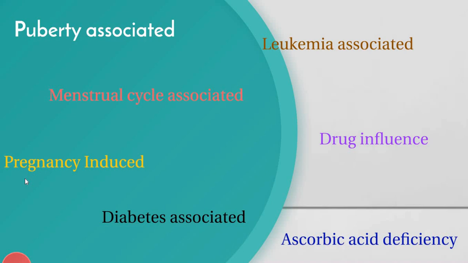While in menstrual cycle associated gingivitis, although bright red hemorrhagic lesions have been described prior to the onset of menses, clinically detectable changes do not seem to be associated with the menstrual cycle.